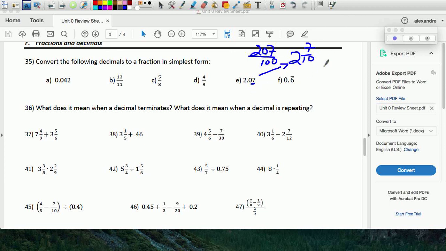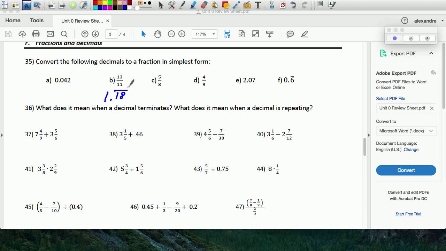0.6, hopefully you know by now that that's 2/3. 2 divided by 3 is going to give a repeating decimal. It goes on and on forever. And these 3 I actually have to divide. So I want you to go and divide 13 divided by 11, 5 divided by 8, and 4 divided by 9. 13 divided by 11, you would get 1.181818.